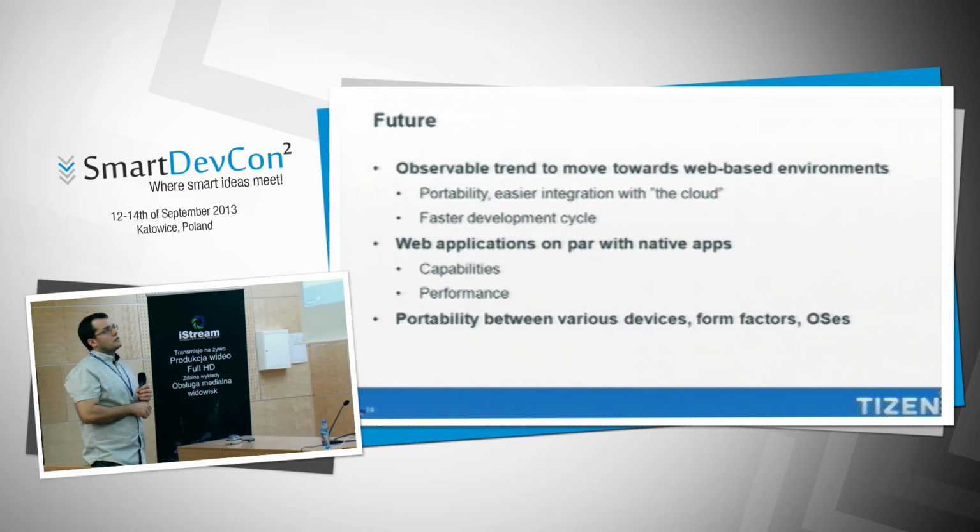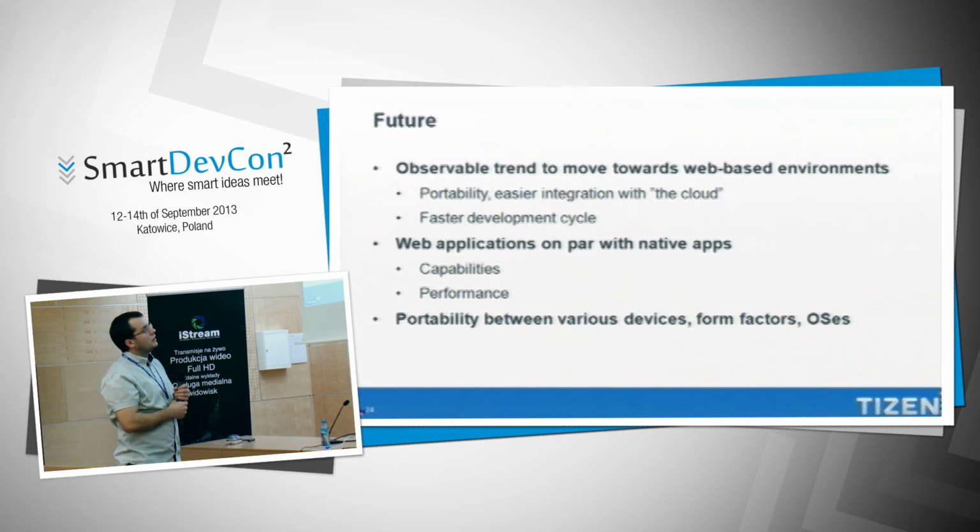So where I think we will be going is that we will try to make web applications as capable and as performant as regular native applications, so that the user will not see the difference between them.